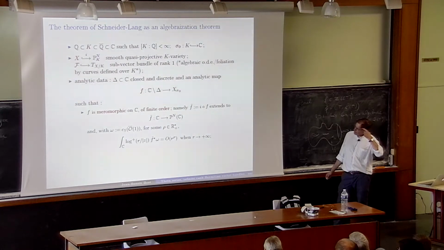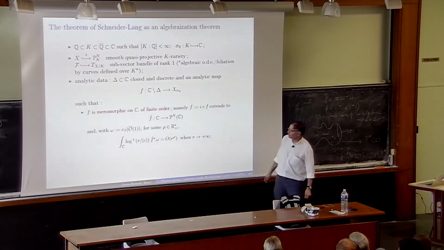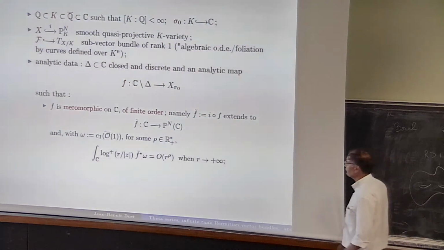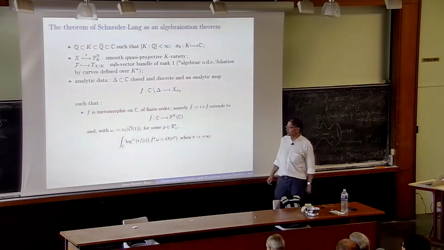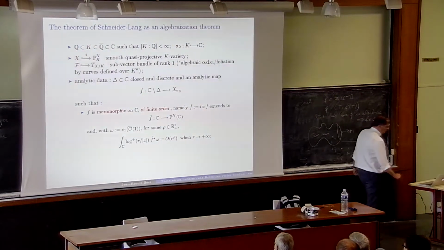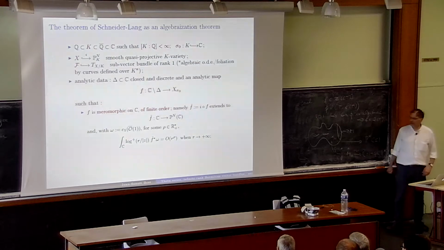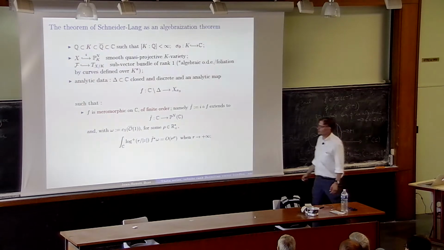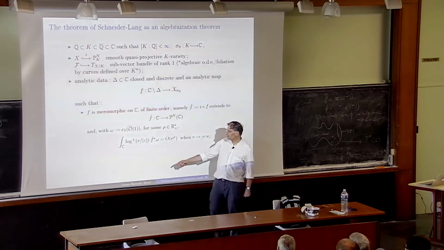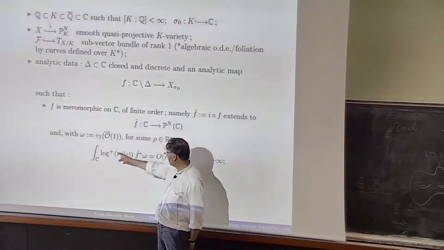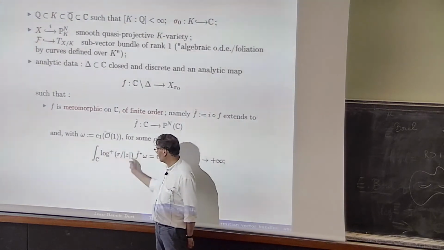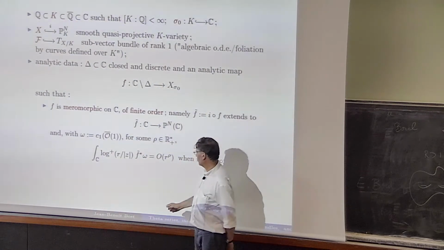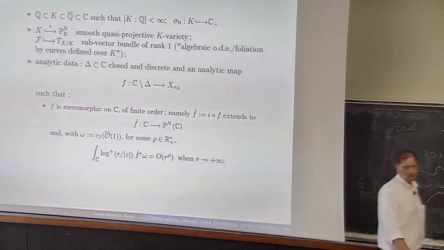So maybe the simplest way to express the finite order condition is to use a little bit of Nevanlinna theory. And it's to say that if you take the inverse image of the Fubini-Study 2-form on Pn by f tilde, it doesn't grow too fast. A way to express this growth condition is to say that the log plus of the integral over the disk of radius r of this inverse image grows like some power of r.